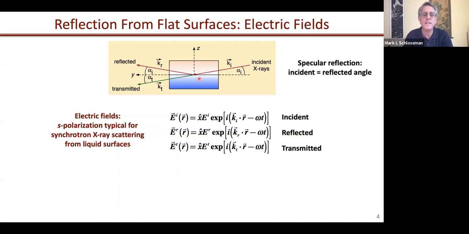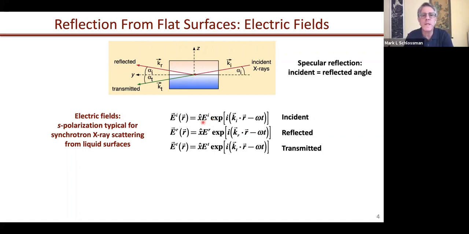Typically, if you're working at a synchrotron, the synchrotron beam is polarized, and it's usually polarized so that the electric field is coming out of the monitor, either towards or away from you. So I've indicated that by writing each of these electric fields, the incident, the reflected, and the transmitted, in the x-hat direction. So the x-hat direction is out of the screen, either towards or away from you.